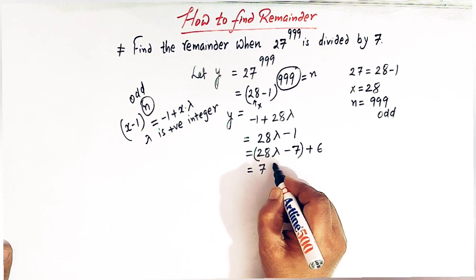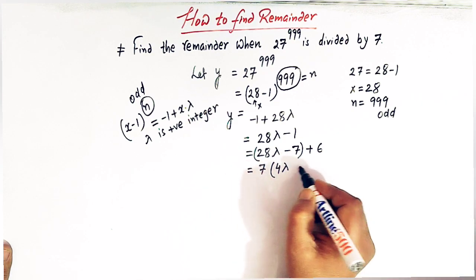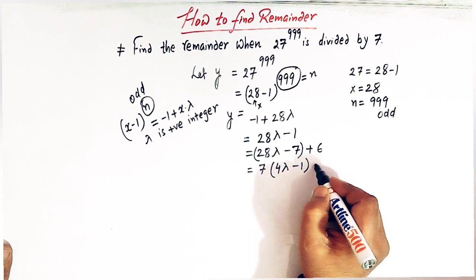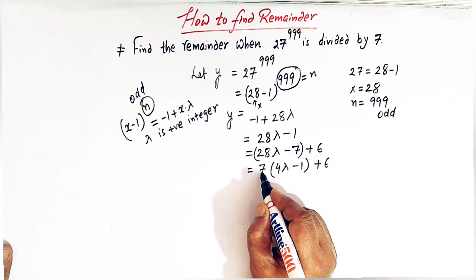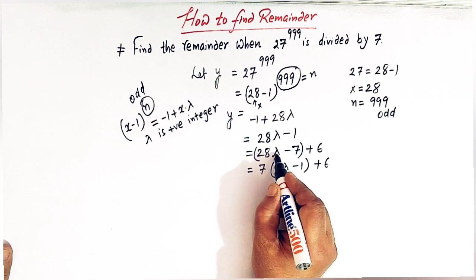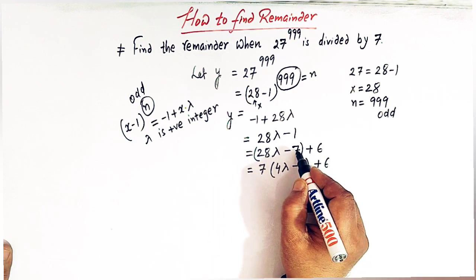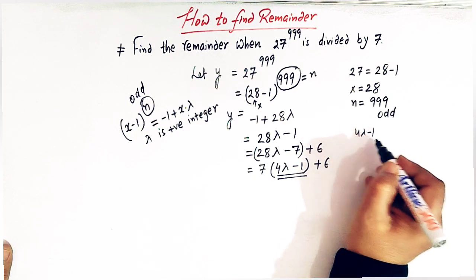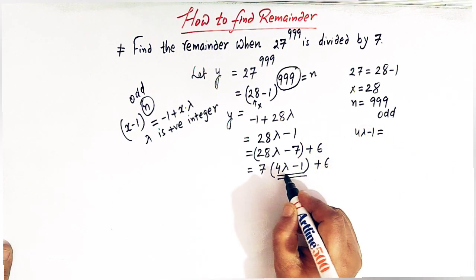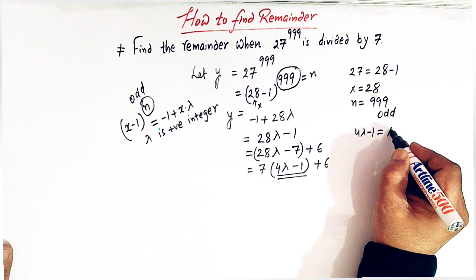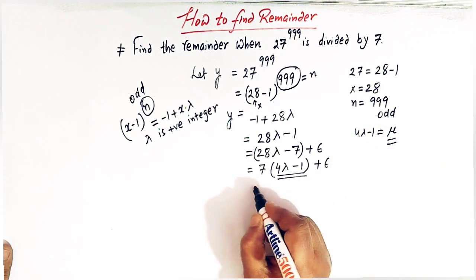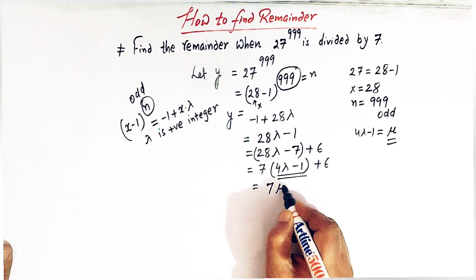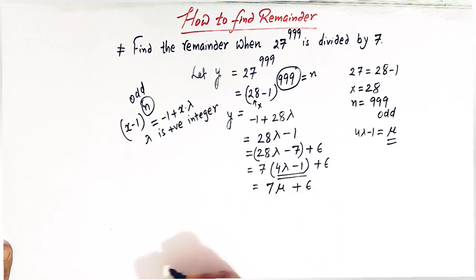So we have 7 times 4 lambda, and here we have minus 1 plus 6. So 7 times 4 lambda is 28 lambda, 7 times 1 is 7, and now 4 lambda minus 1 can be replaced by some other number, that is mu. So we can now write 7 mu plus 6, right?